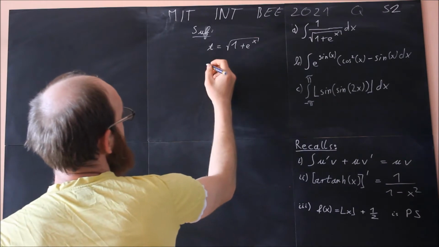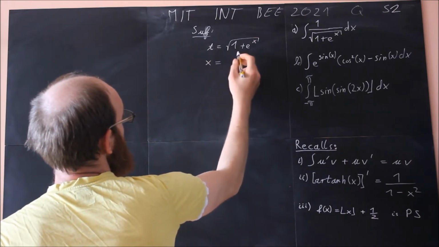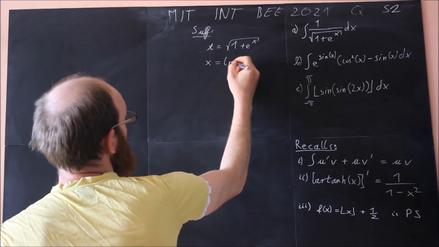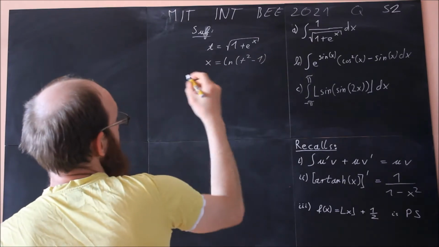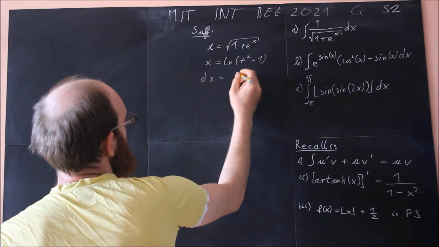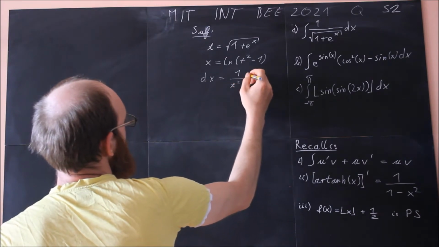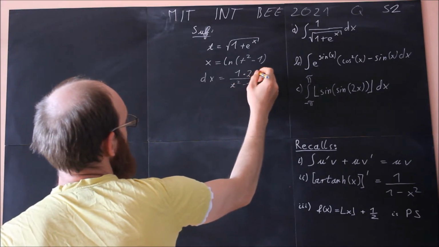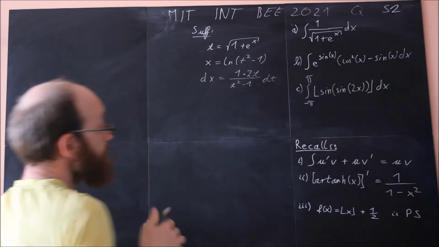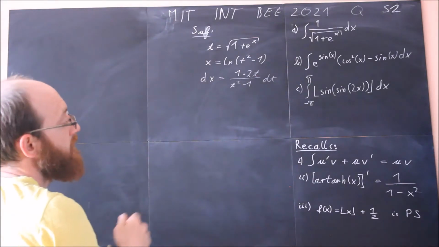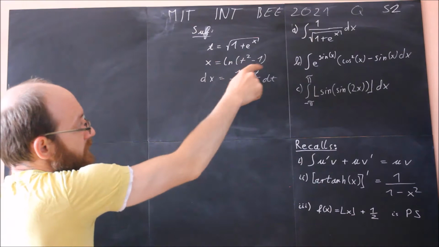So we have x is t squared minus 1, so t squared minus 1. Alright, and then dx becomes 1 over t squared minus 1 times 2t dt. Okay? So the derivative of the natural log is 1 over, and then with the chain rule 2t. Alright?